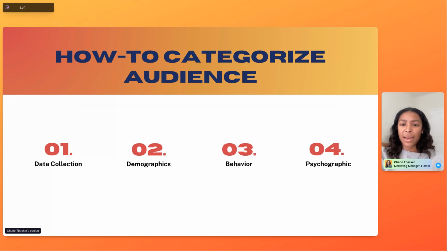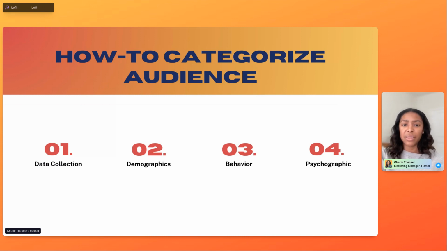And then next we have behavior. So behavior can be a couple of things. I mainly use behavior for purchasing behaviors. Like how often does my audience buy from me? Are they first time visitors? Are they repeat customers?